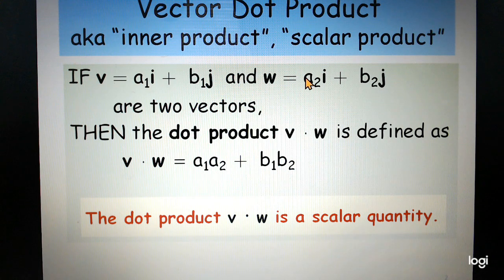In other words, we're multiplying the coefficients or the components in the i direction, and we're adding the product of the components in the j or the y direction. Notice v dot w is a scalar. It's not a vector. So this is a numeric quantity. It doesn't have a direction. It simply has a magnitude.